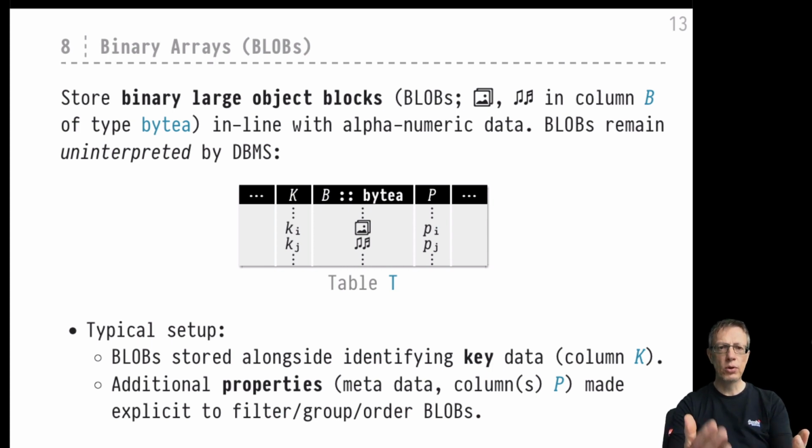PostgreSQL will not look inside these binary large objects and try to interpret their contents in any way. It does not have to fit any particular format. It's just a sequence of bytes that is kept for you safe inside the table by Postgres, and that you can then query and reproduce just like any other data that you've stored in your database.